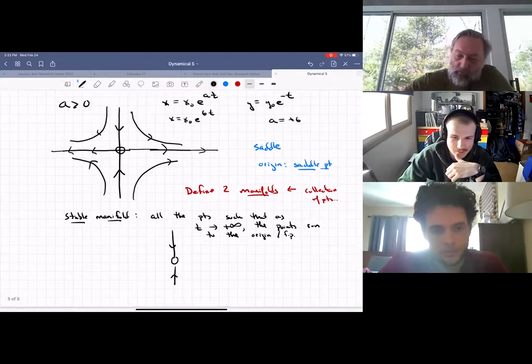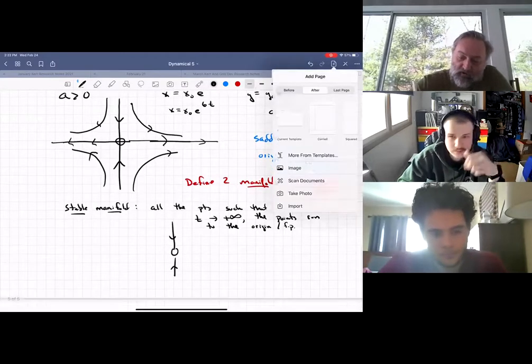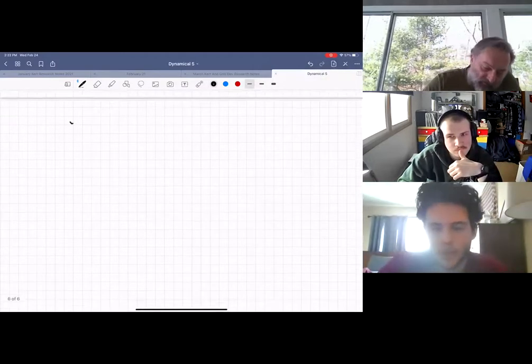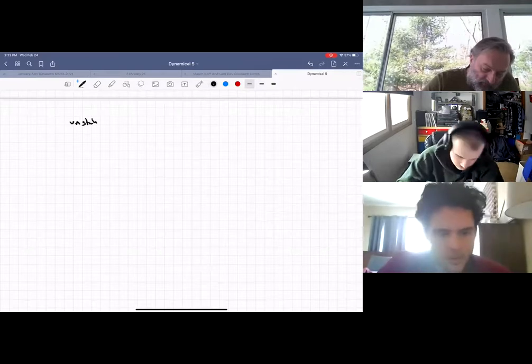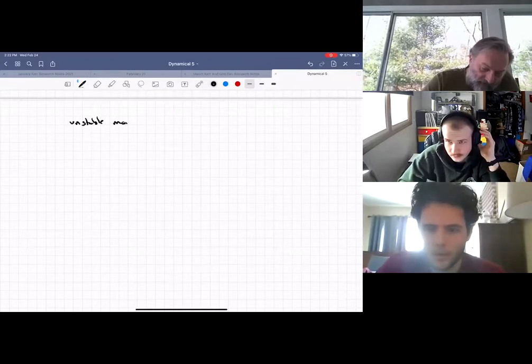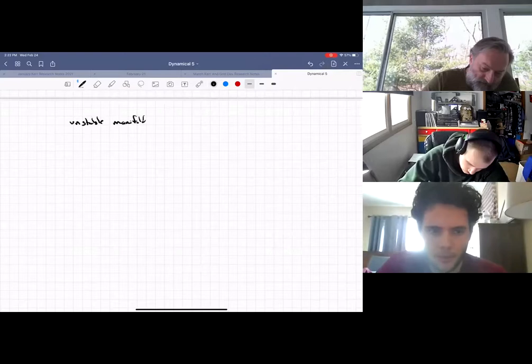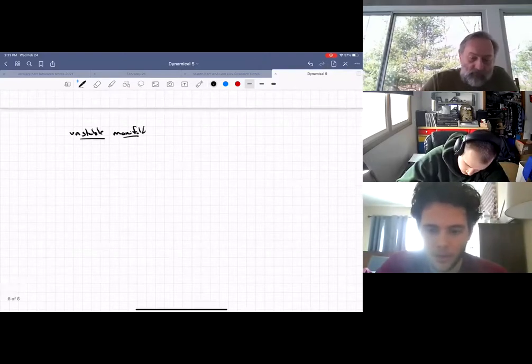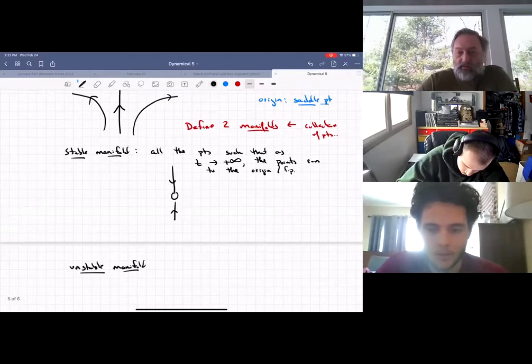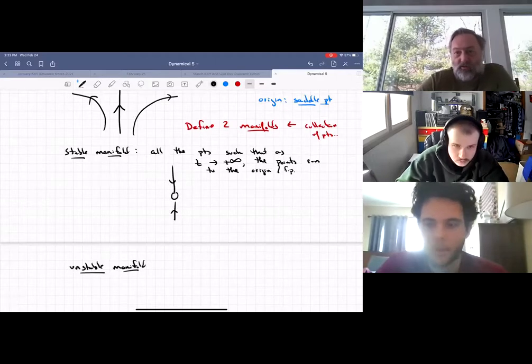Okay. And then we're going to define also the unstable manifold. Just curious, could we then call the stable manifold a set that includes the points along the y that are converging? Yeah, so a manifold is a set of points. It's a collection of points.